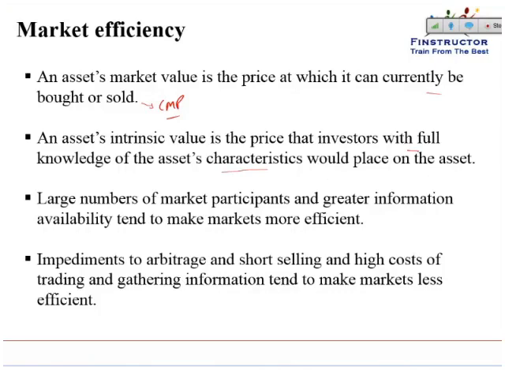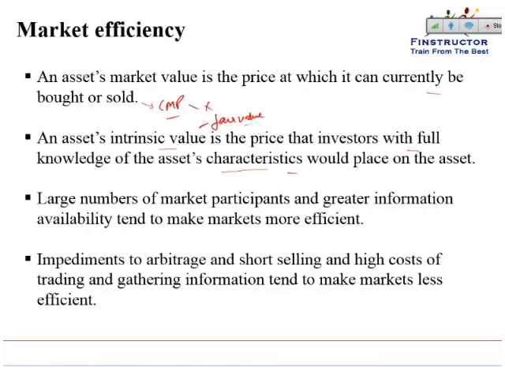So the intrinsic value is also known as the fair value, or the price that an investor would ascribe to the stock today based on the fundamental analysis of its characteristics. In an efficient market, there will not be a very big difference between the market price and the fair value.